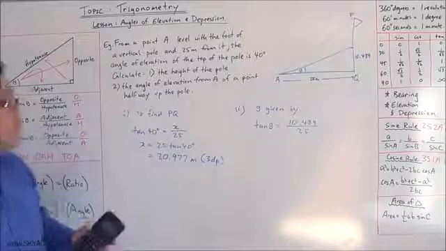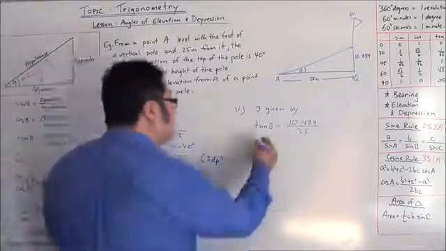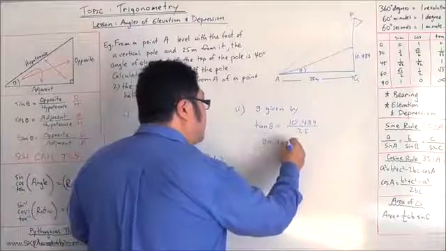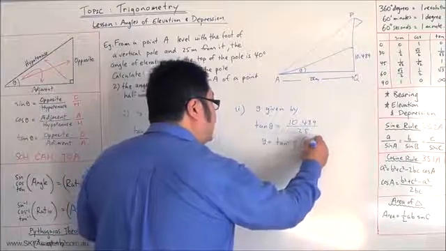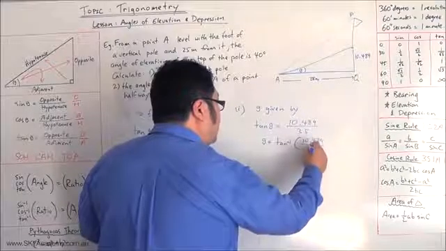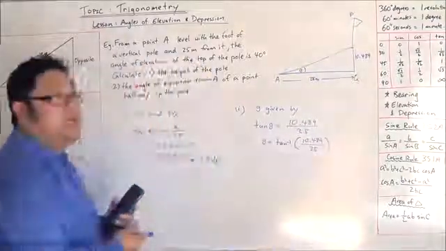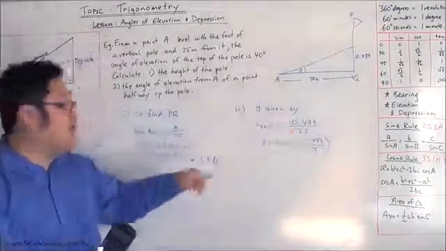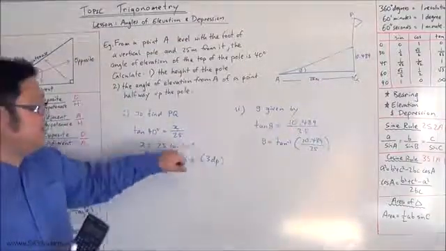Well, let's see. Maybe, maybe not. We'll see. So theta is equal to inverse tan of 10.489 all over 25. Now, in my calculator though, I am not going to use this value. I'm going to use half of this value.